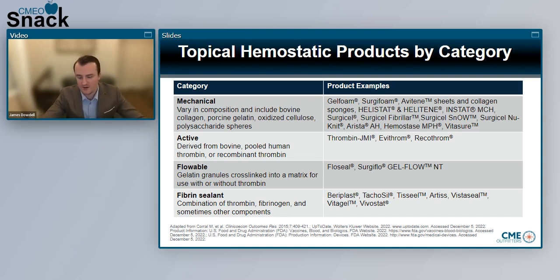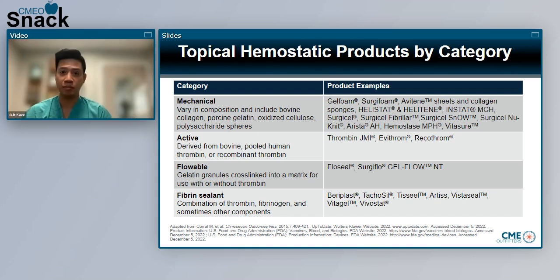Now, Michael, you work on a variety of procedures. Are there particular hemostatic agents you see more than others? Oh, absolutely. So whenever I start a spine case, especially with a surgeon I am not familiar with, I always go to my go-tos. You generally see them using Surgiflo as their flowable, and they'll also take Gelfoam mixed with thrombin. But we do have several surgeons here, and some of them have their own specifics.